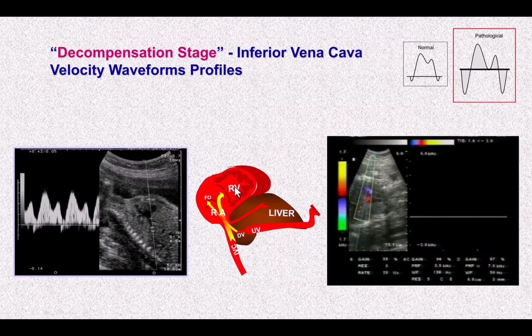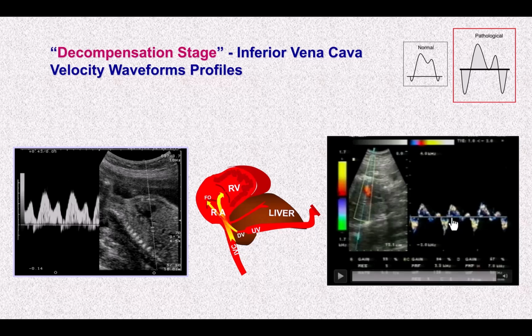The hemodynamic event that characterizes the right side of the heart, a sign of incipient heart failure, produces abnormalities in the waveform profile in the venous district, particularly in the inferior vena cava, which is directly connected with the right atrium.